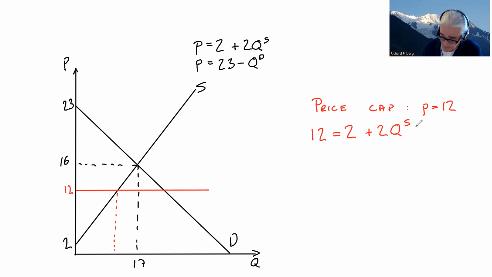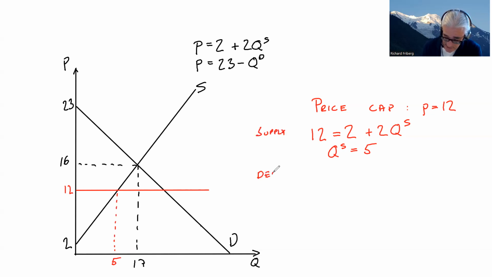Dividing by 2 and shifting everything over, we get the quantity supplied equal to 5.